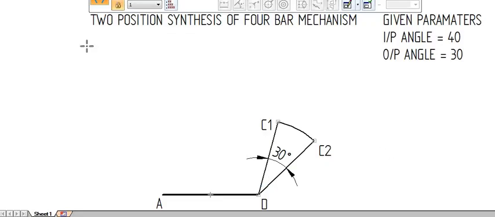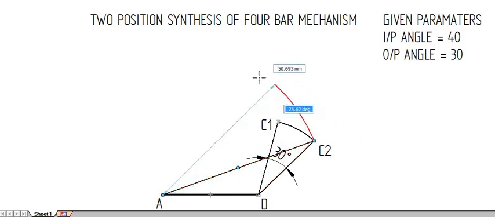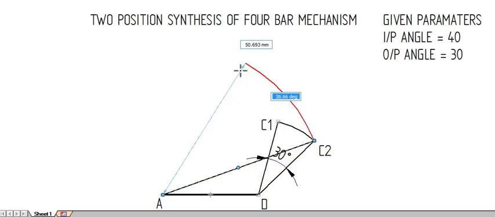Now the next step is to join AC2, A, which is the input angle center, and C2. After that, I am taking the input angle of 40 degrees, with center as A and radius as AC2, and I am going to draw an arc at an angle of 40 degrees.